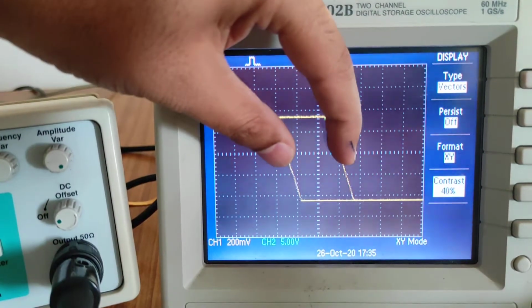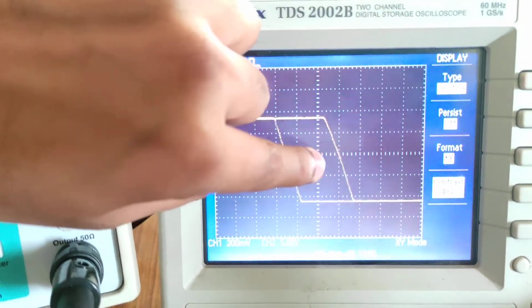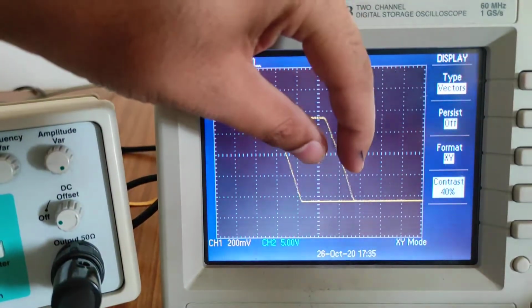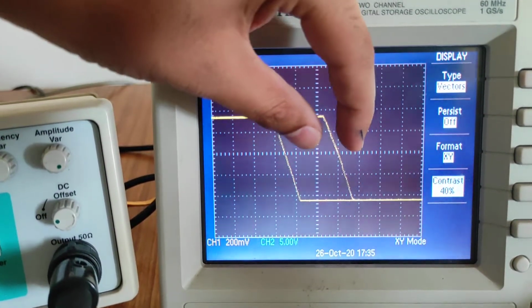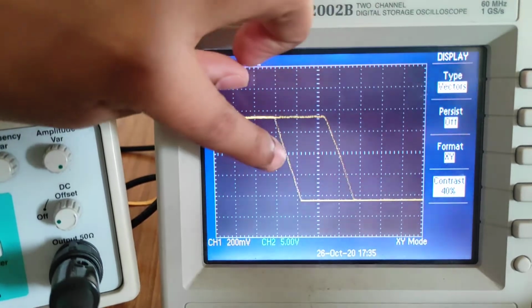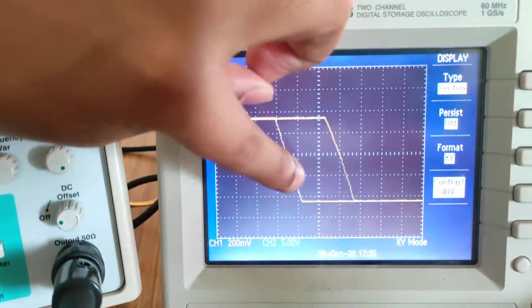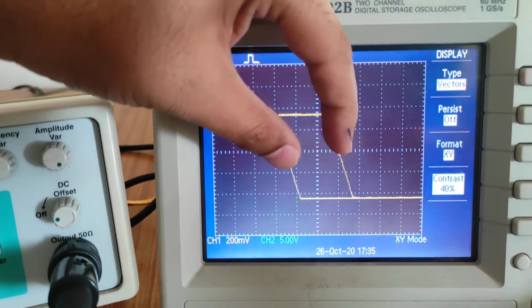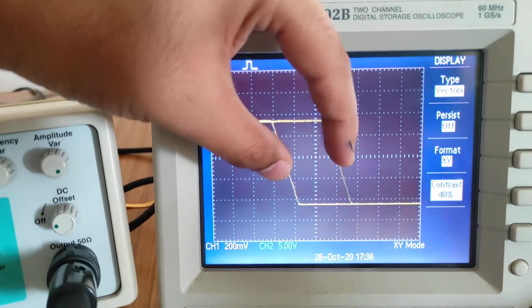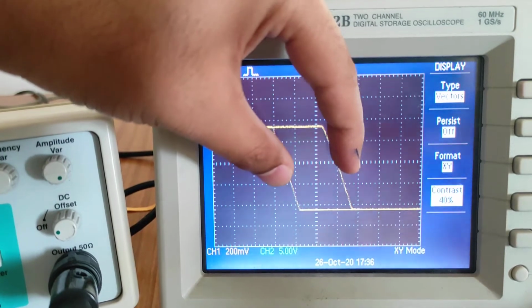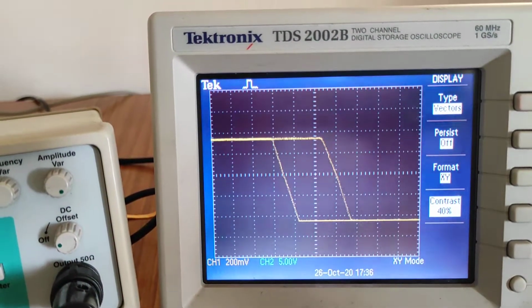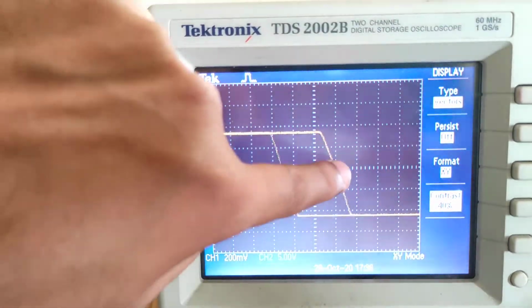Now, if you look at this curve, it is around plus 150, around 200 millivolt, which means one block is around 200. It is around 1 block, 2 block and 2.5 block, around 400 to 450 millivolt. This is because of the non-ideality characteristic of the op-amp. Otherwise, it would not have been this.